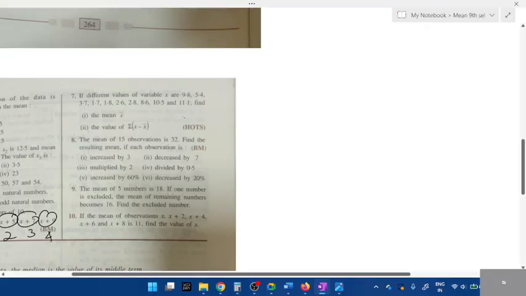If different values of x are given, find the mean. Complete this.